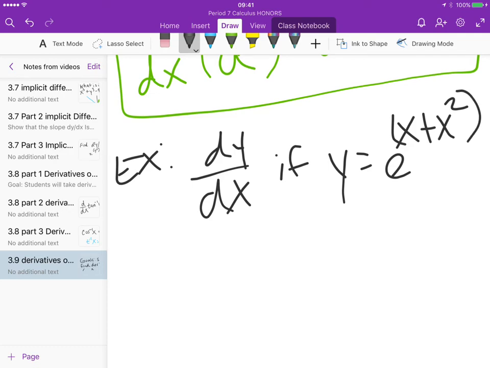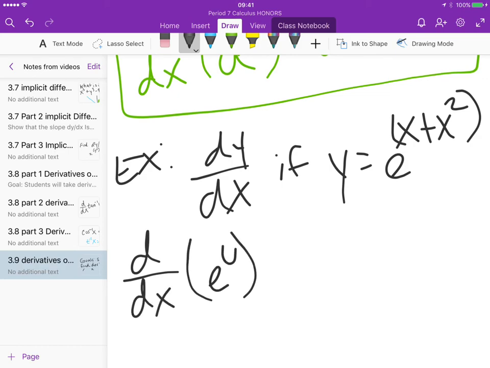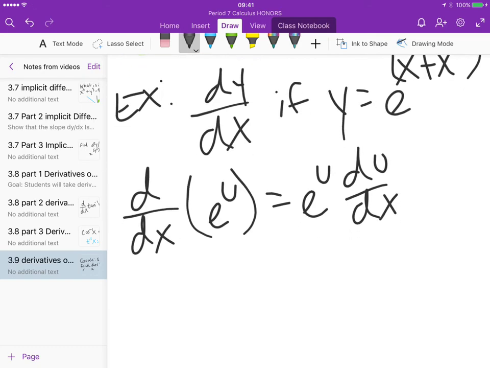Well, we know the derivative in this case is going to be e^u times the derivative du/dx. So we have to identify what u is going to be.